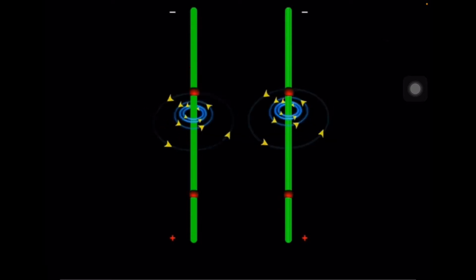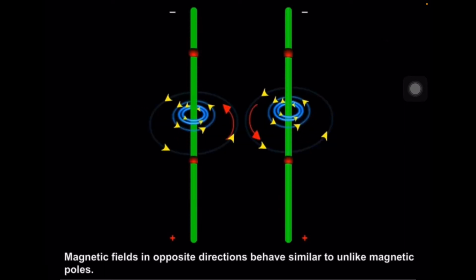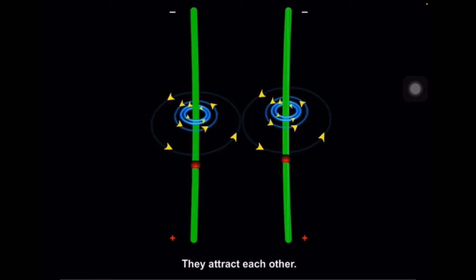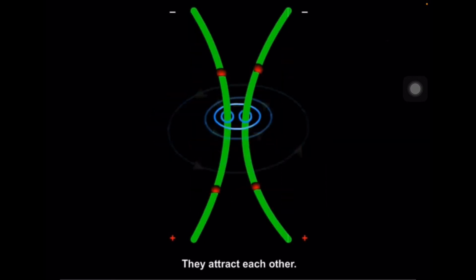When both the conductors have current flowing in the same direction, the magnetic field in between the two conductors is created in the opposite direction. The north and the south poles so created attract each other, and the two conductors are drawn towards each other.